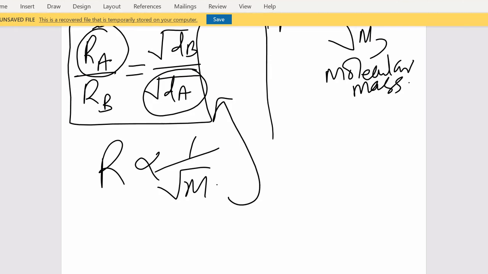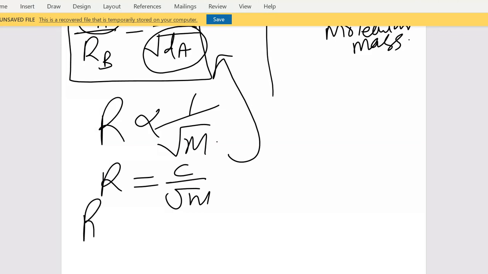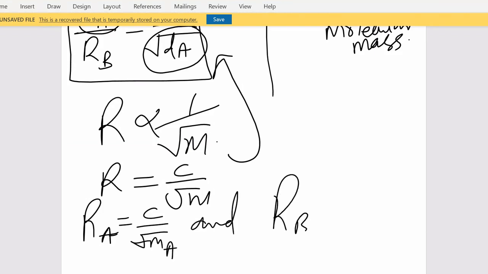But okay, we can derive together because it means R will be equal to C over square root of M. And for two gases, it will be Ra is equal to C over root Ma, and Rb will be equal to C over square root of Mb.